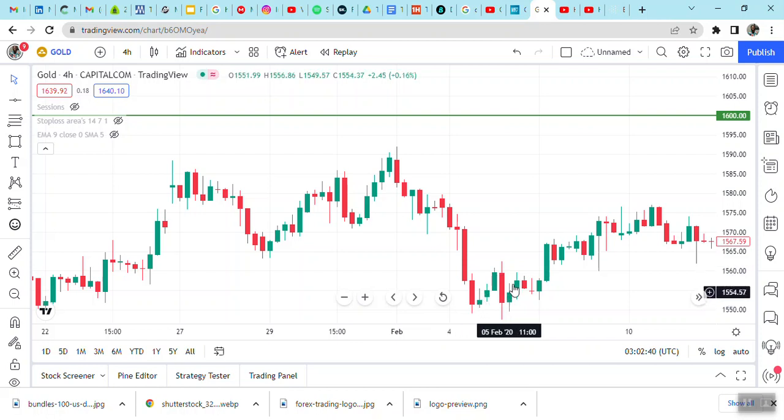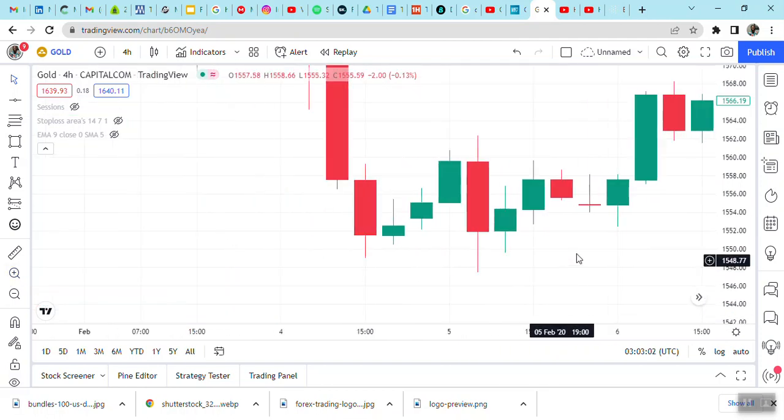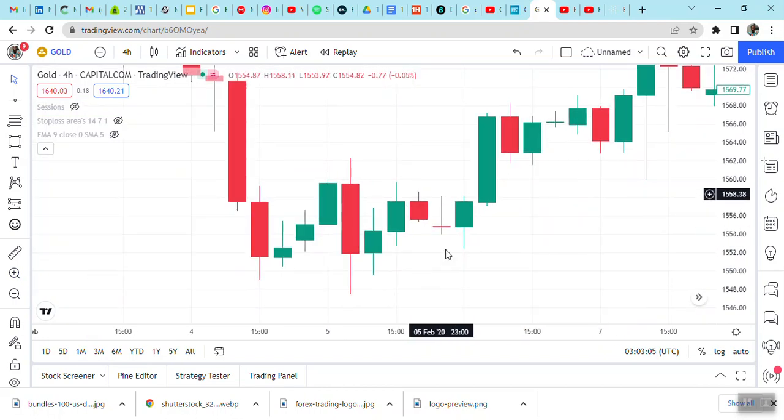You can see the size reduces until we have something like a doji here, which shows that there has been a final downward movement for the prices. This is what we mean by a doji, this candle here.